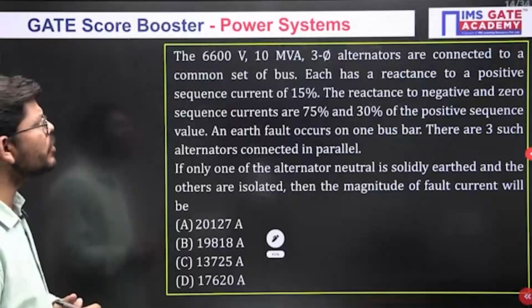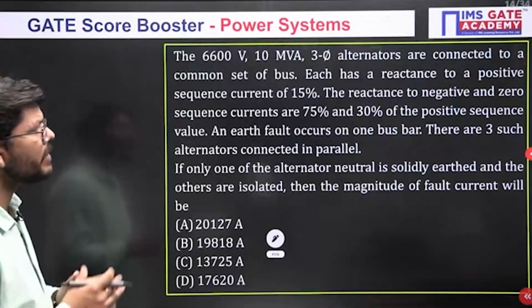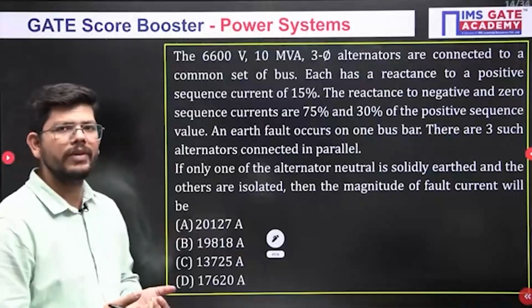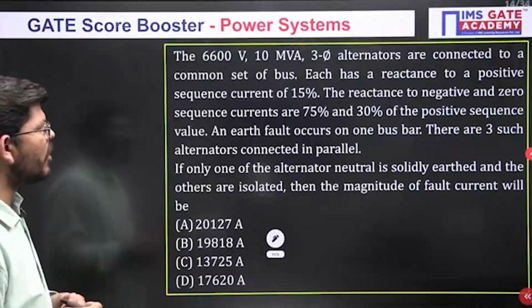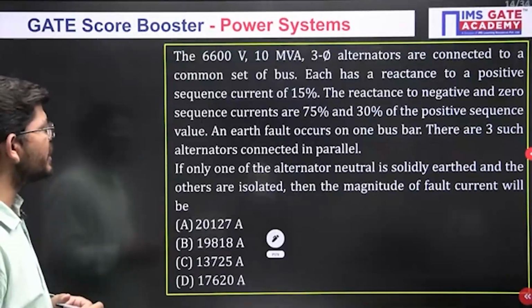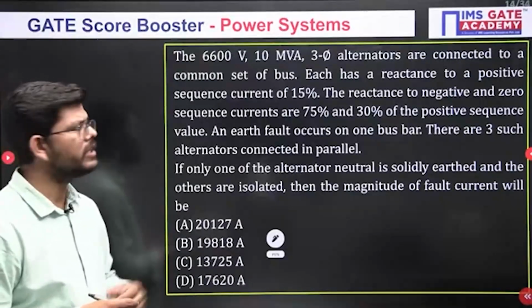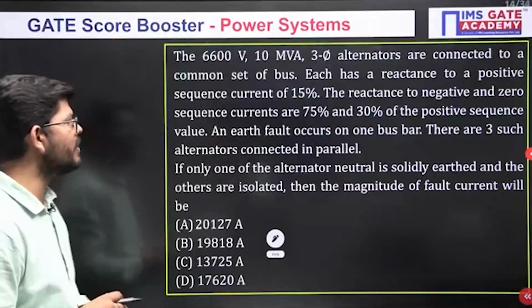The reactances to negative and zero sequence currents are 75% and 30% of the positive sequence value. An earth fault, meaning a line to ground fault, occurs on one bus bar. There are three such alternators connected in parallel. Whatever is given for one, there are three such alternators connected in parallel.